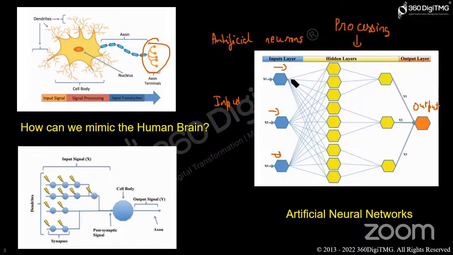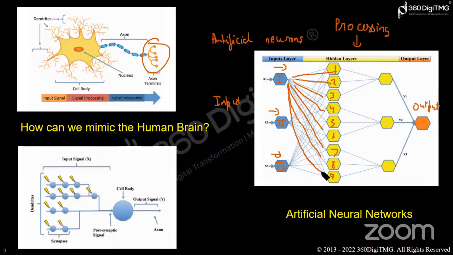All right. So you have 1, 2, 3, 4, 5, 6, 7, 8, 9 neurons here that are working in processing of these decisions. So each of these inputs, input 1, input 2, input 3, will be sent to all these neurons, each and every one of them.